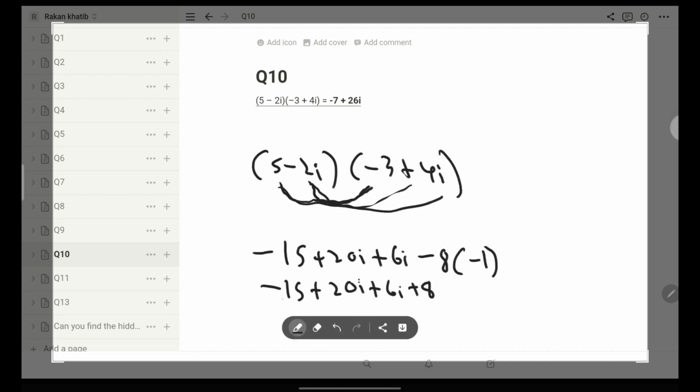So now you just simplify. -15 plus 8, that's -7, and then 20i plus 6i, that's 26i, and that's our answer.